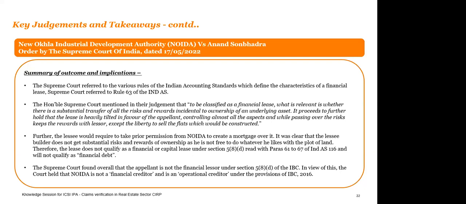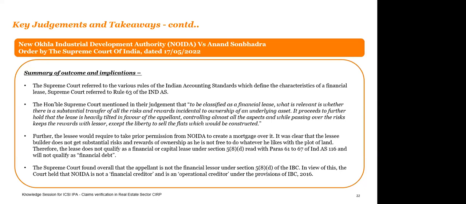Further, the lessee would require prior permission from Noida to create a mortgage over it. So if the builder wants to take some loans for the construction and wants to mortgage that land on a first pari passu charge basis or whatever it is, then also they need to take a no objection from Noida.